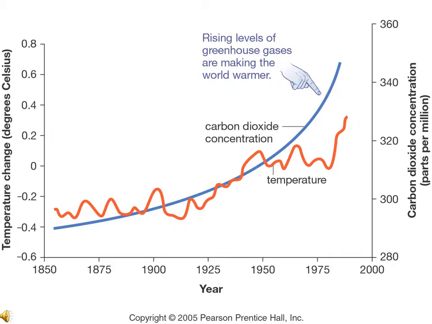If we look at the years from 1850 to 2000, and we look at the temperature rise from 0.6 to maybe about a half a degree or so, we see that the temperature has risen somewhat over the last 150 years. And at the same time, the carbon dioxide level has also gone up.